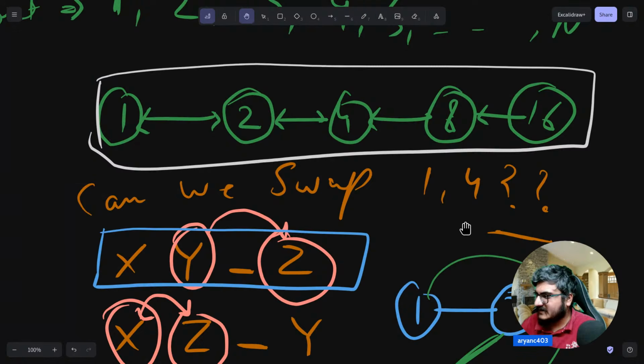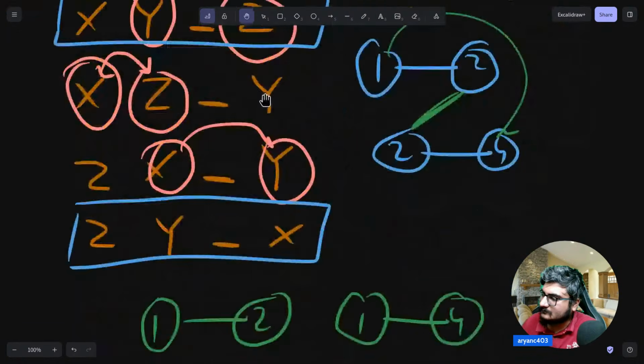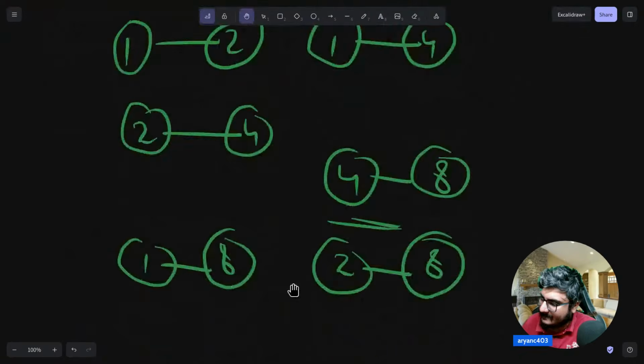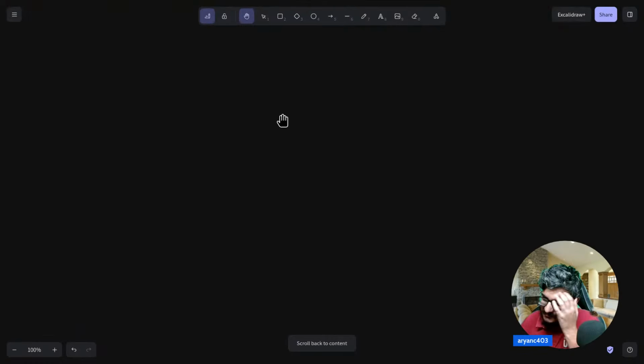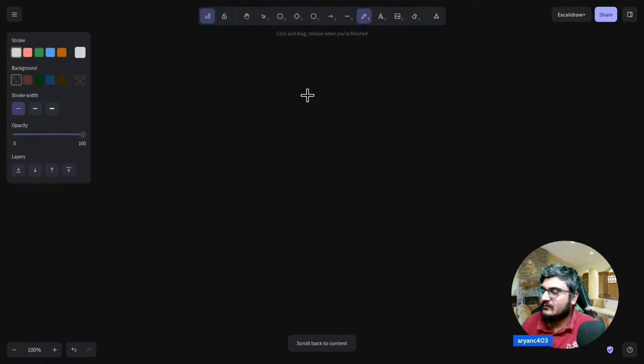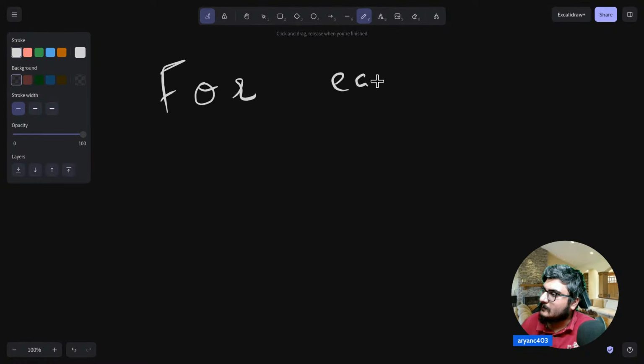So the next idea is, once we have this observation, what you can try to do is figure out, basically for each index, the smallest index.